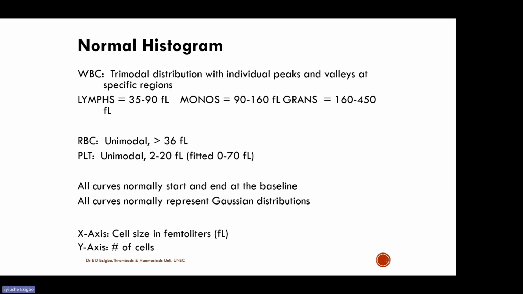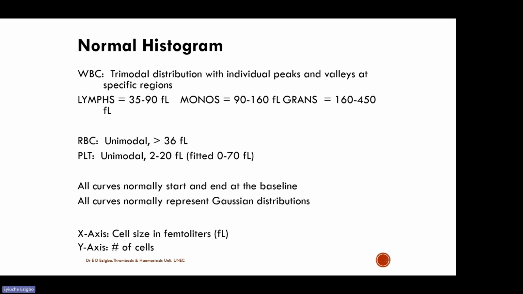If you look at the histogram of the printouts and find out that the WBC histogram is not trimodal, maybe it has 5 peaks, or more than 3 or less than 3 peaks, you'll be able to know that something is wrong with this histogram. So they are telling you that the normal one is trimodal.